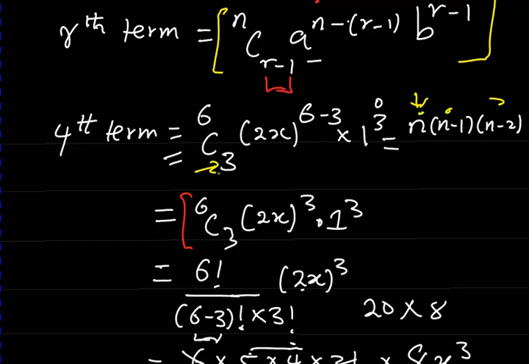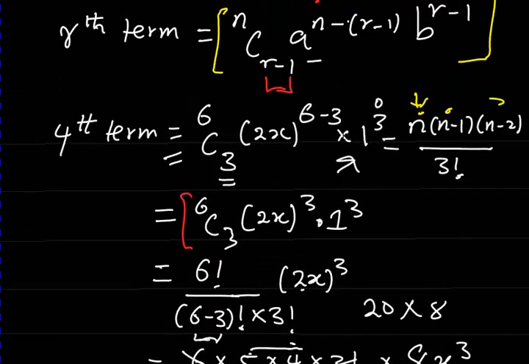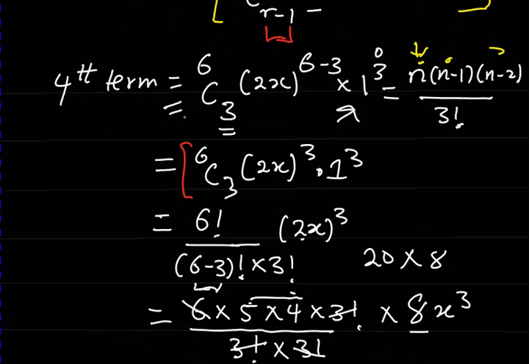Of course the combination is n combination 3. Then you divide by 3 factorial, then multiply by whatever you have. So you can use whichever method is very convenient: work on the combination, or apply this.